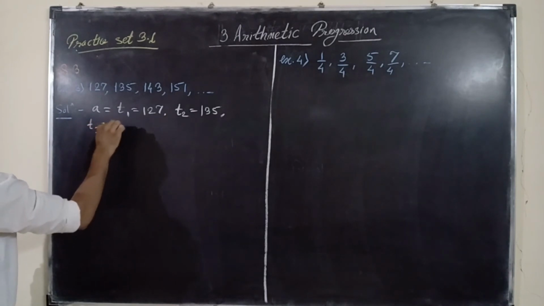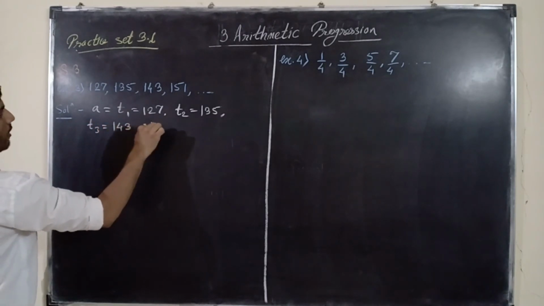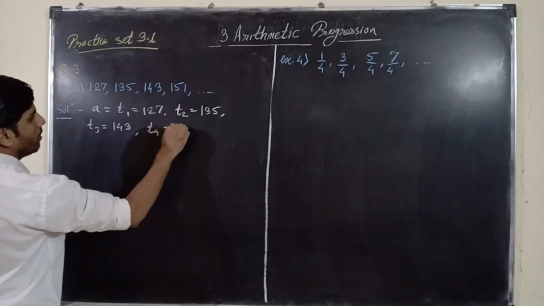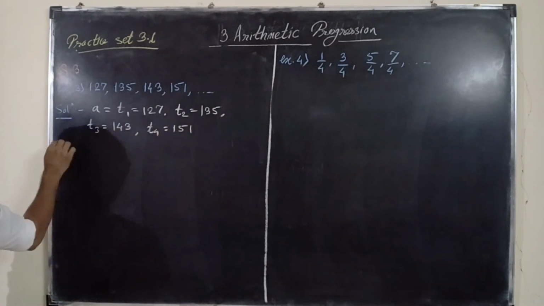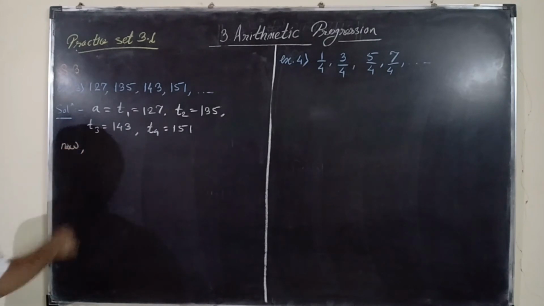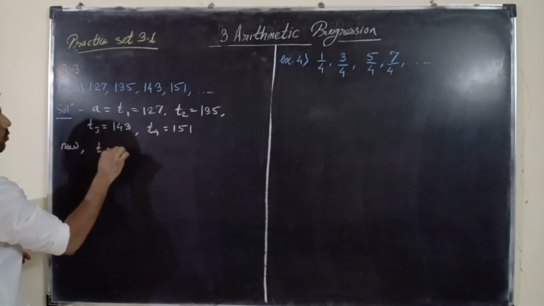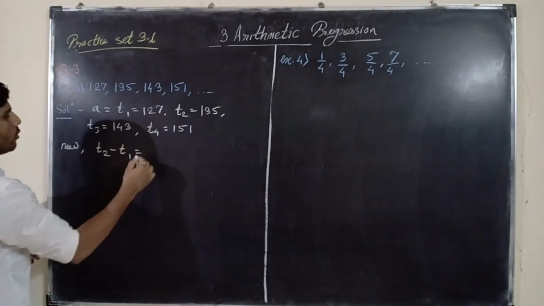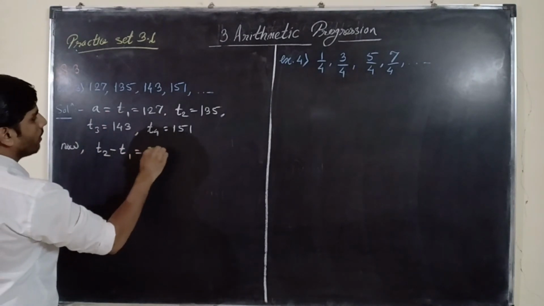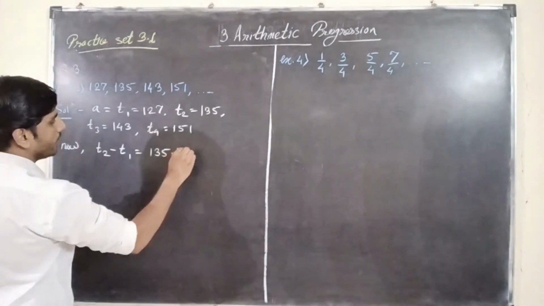T3 is 143. And T4 is 151. Now we have our first term. Now we will find common difference. So to get common difference, we will find T2 minus T1, that is 135 minus 127.